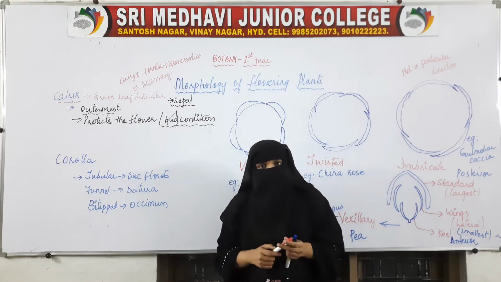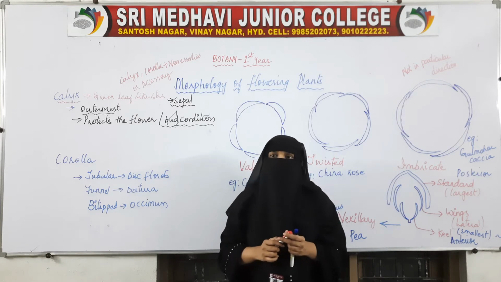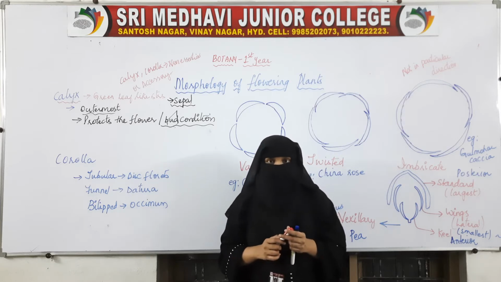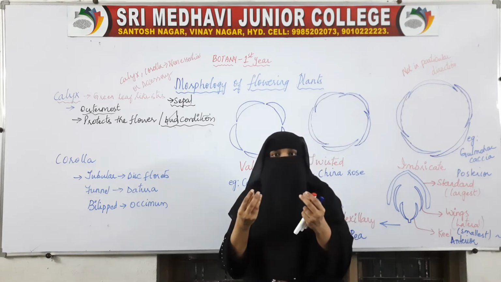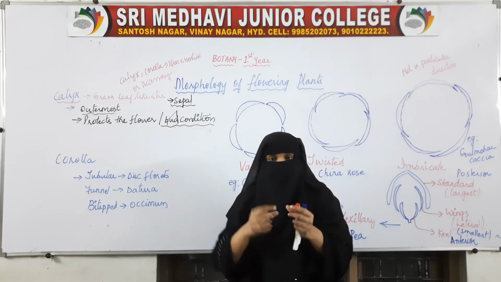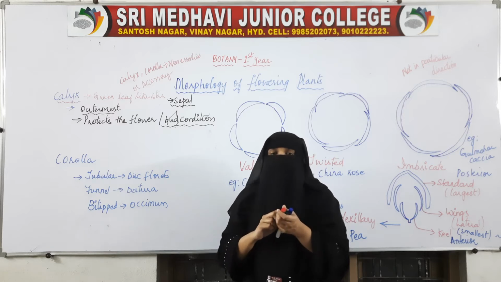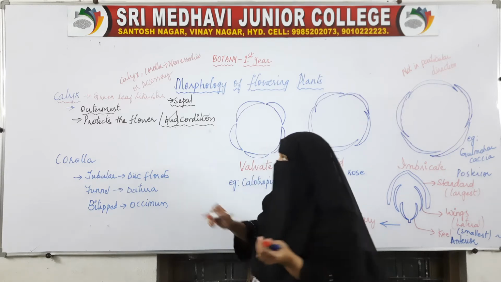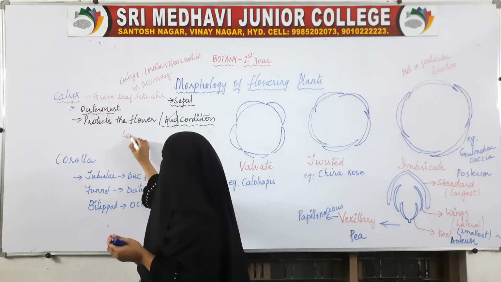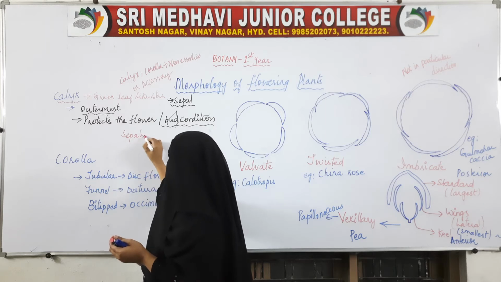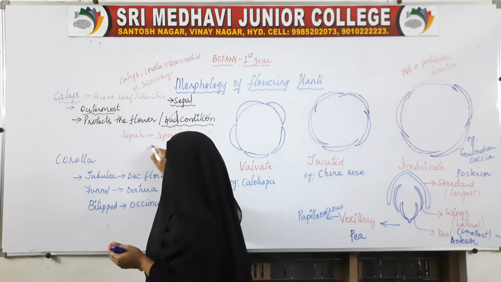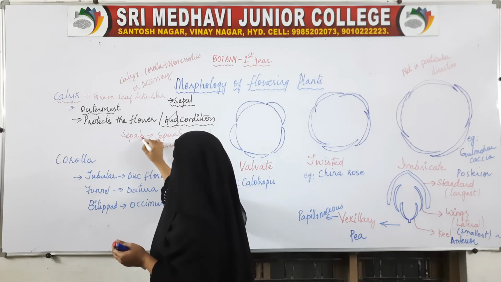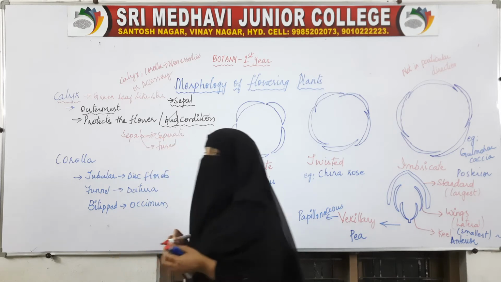Here calyx can be free or fused. In rose we have seen the leaf-like structures are separate, not joined. So the sepals can be separate, or they can be fused.